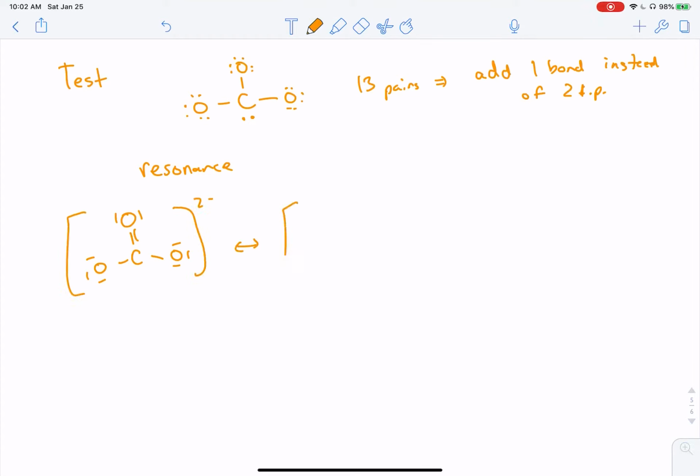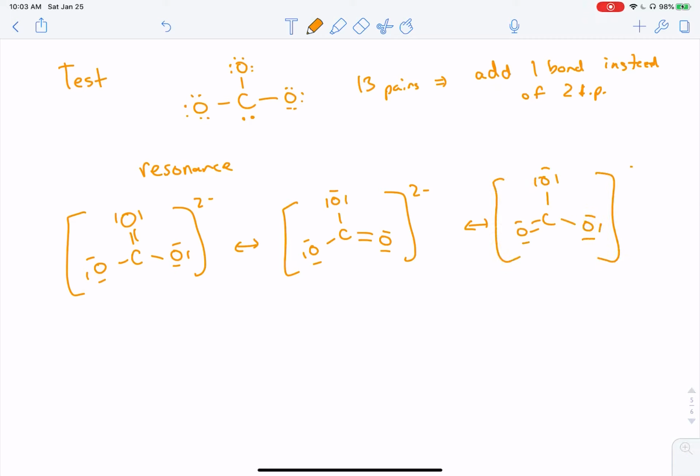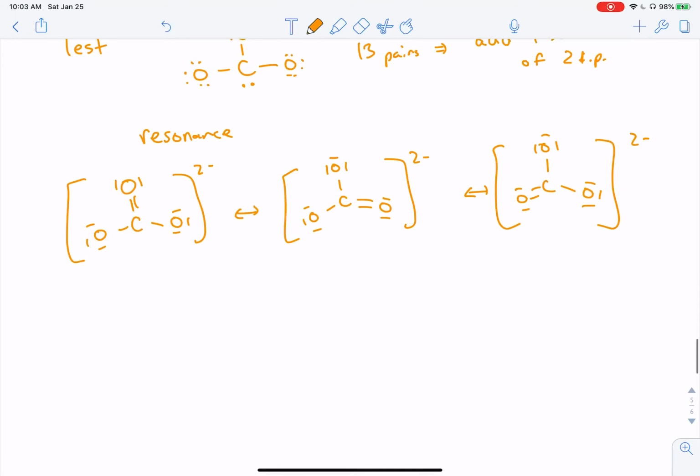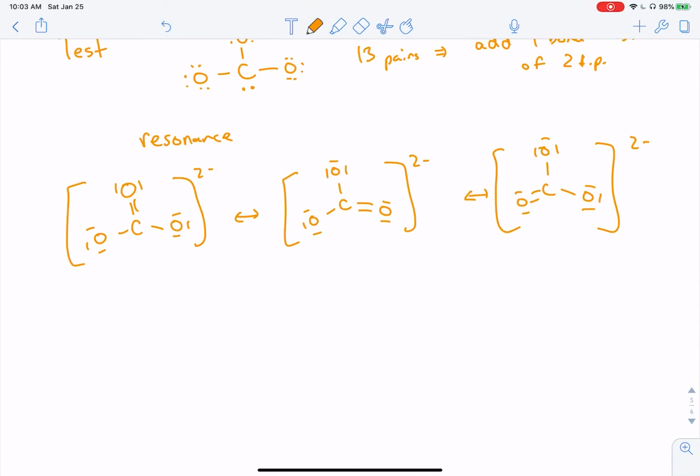So this is 2 minus, and then one structure that looks like this, and one structure that looks like this. So carbonate, which is CO3 2 minus, has 3 resonance structures.